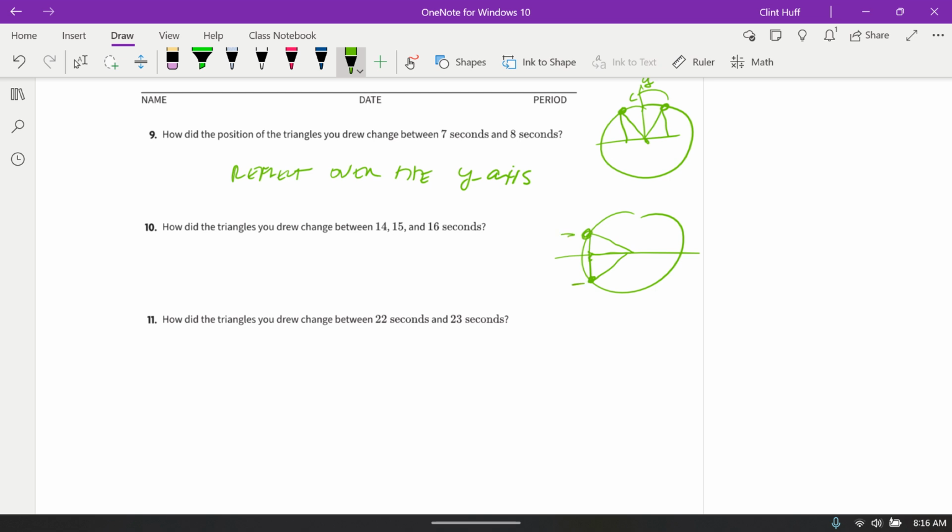So that's reflected over what? Reflected over AF.